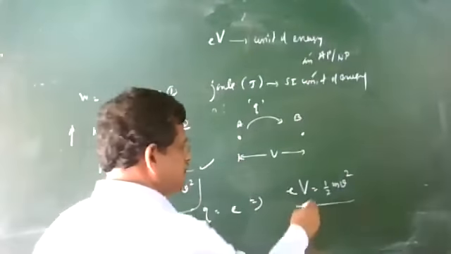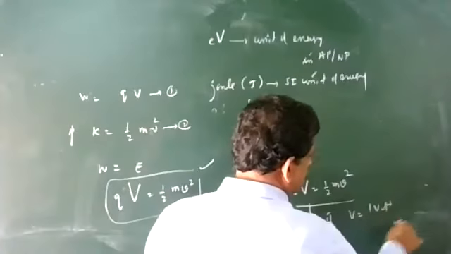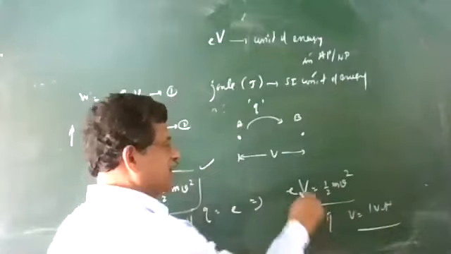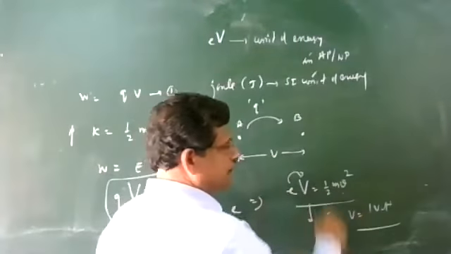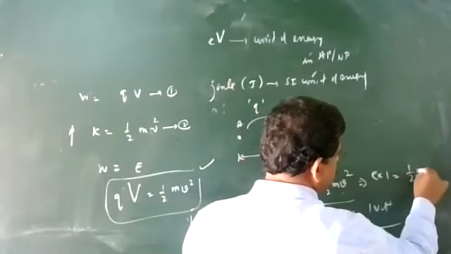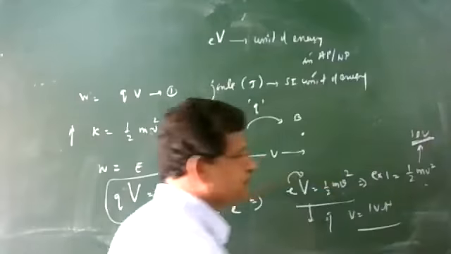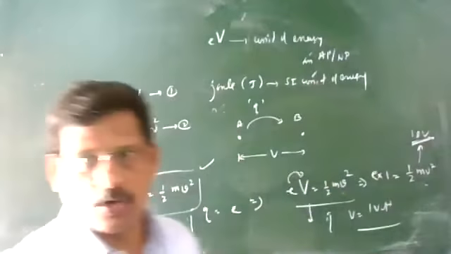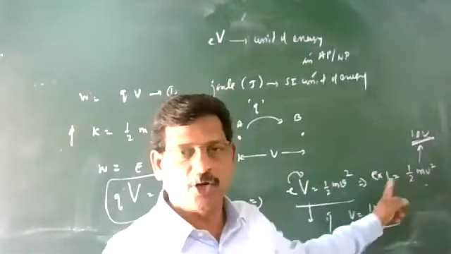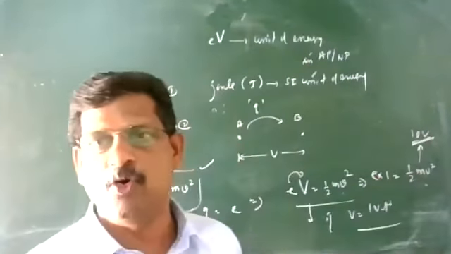And in this condition, if V equal to 1 volt, the electron is moving through a potential difference of 1 volt, then what is the kinetic energy? e times 1 equal to half mv square. This kinetic energy is called 1 electron volt. So 1 electron volt is the kinetic energy acquired by an electron when it is accelerated through a potential difference of 1 volt.